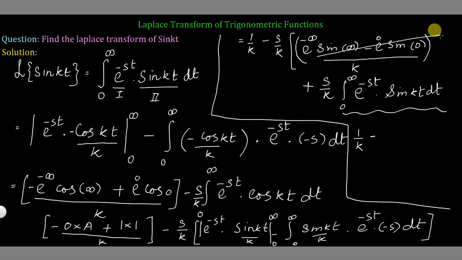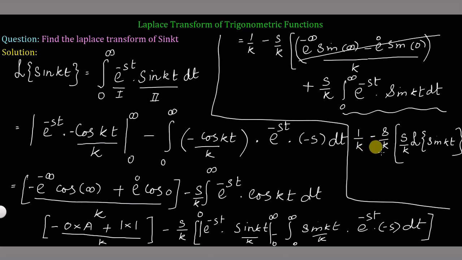This factor will be cancelled out, and we are just left with minus s over k times 0, plus s over k, and then we can use Laplace of sine kt according to the definition, according to the given question.